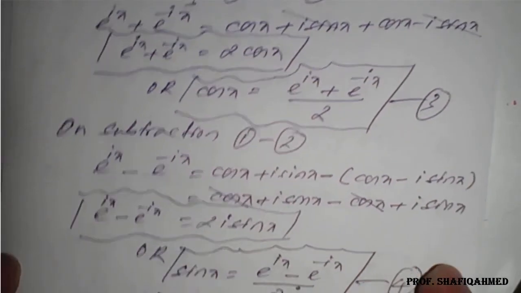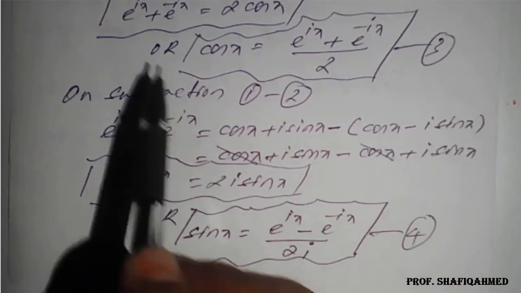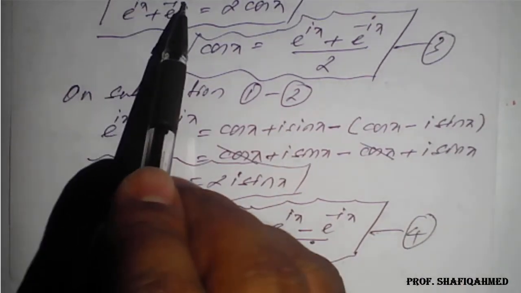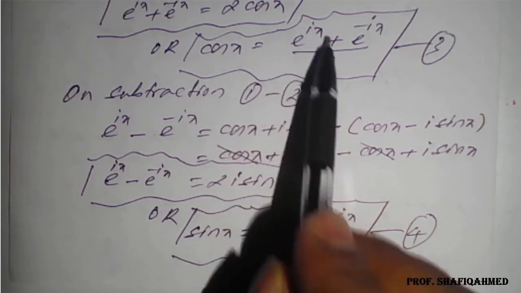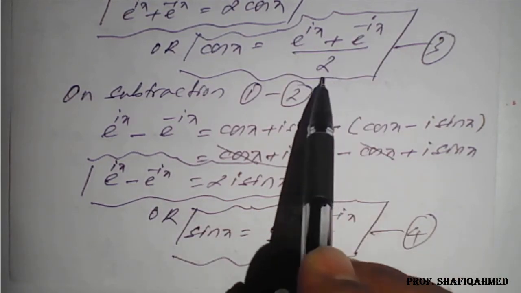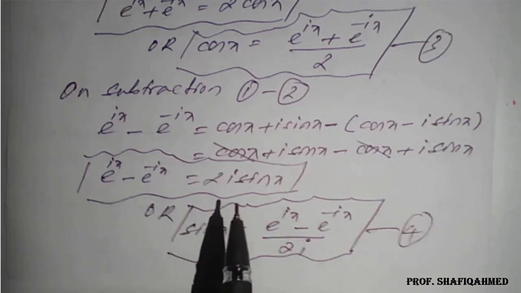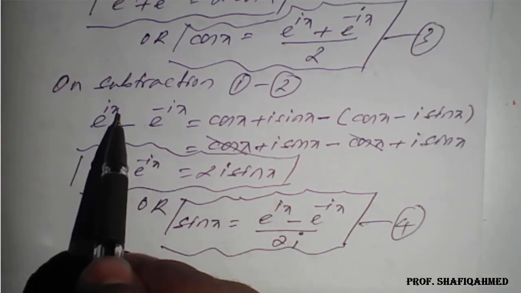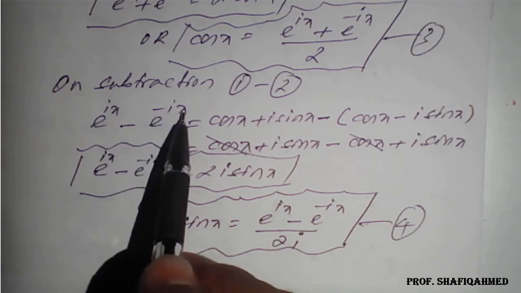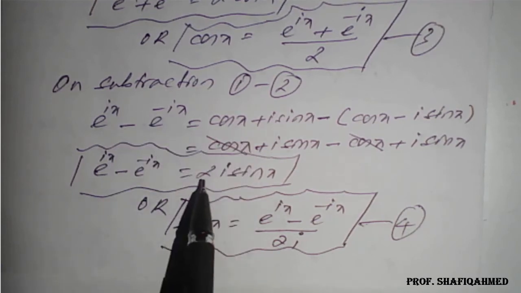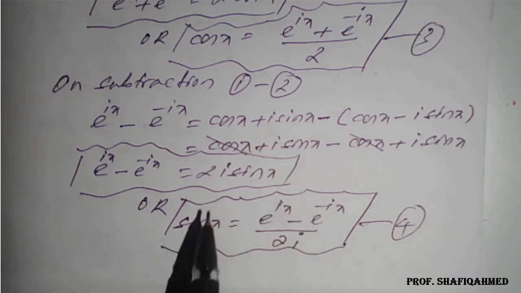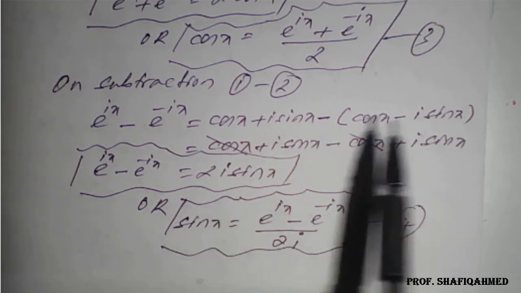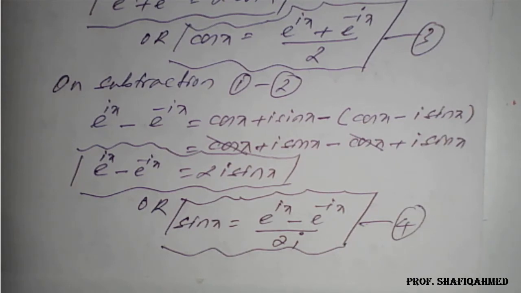Then using 1 and 2 we got the important results: e raised to ix plus e raised to minus ix is 2 cos x, or cos x is e raised to ix plus e raised to minus ix divided by 2. And on subtraction we got one more important result, e raised to ix minus e raised to minus ix is equal to 2I sin x. How this result was obtained I have shown you, but you have to remember the result. So results number 1, 2, 3, 4 are very important.